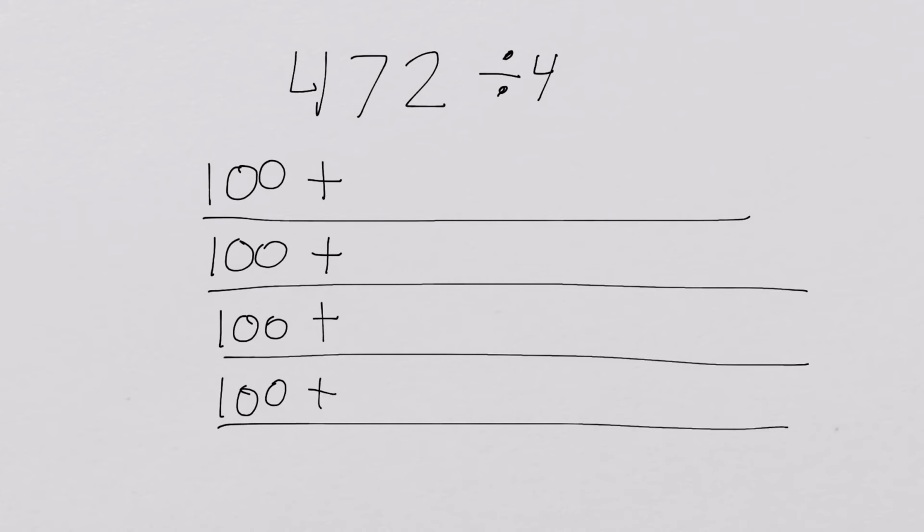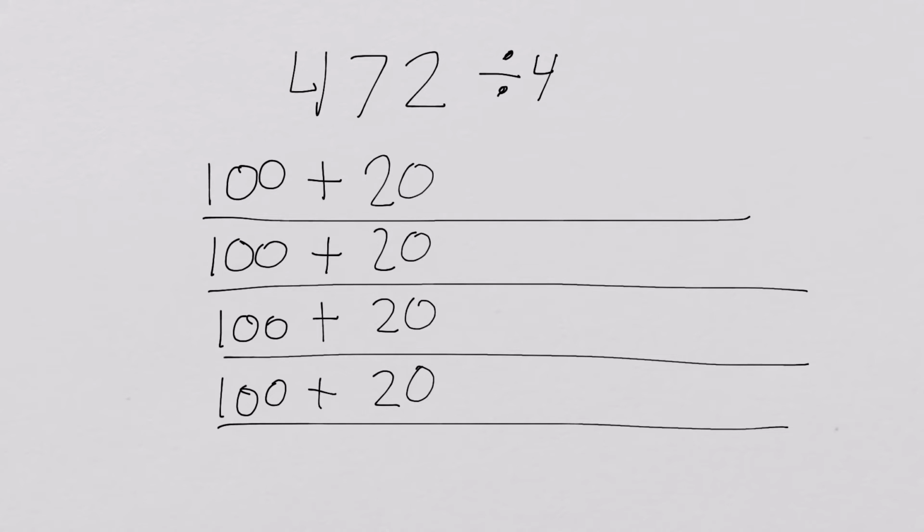Well, if we were to give 10 to each group, 10, 10, 10, 10, we'd still have 30 left over. So let's try giving 20. If I gave 20, this is 20, 40, 60, 80. Uh-oh, can't do that.